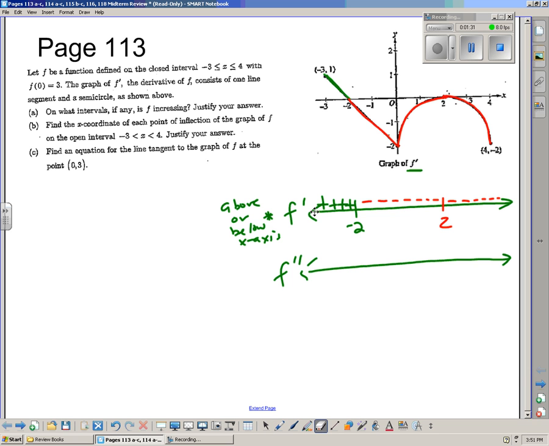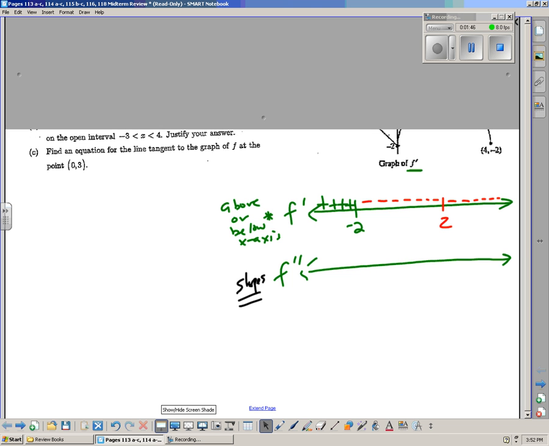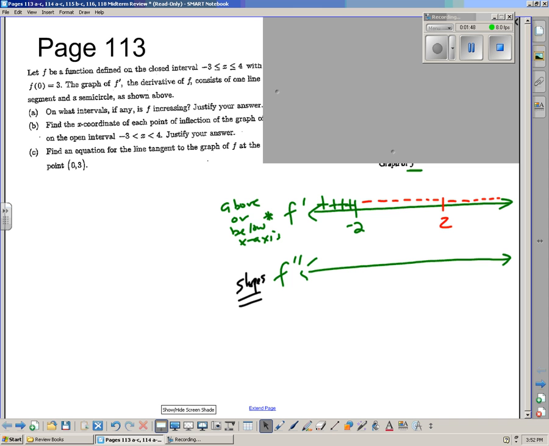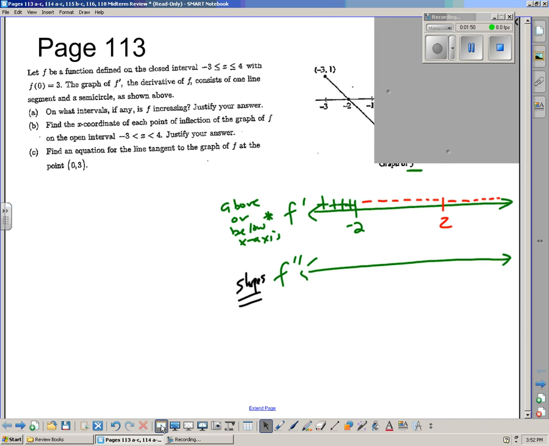Now I want to graph the f double prime number line, which, since this is the derivative of f prime, we're going to look at the slopes. So as we run across here, our slope is negative, negative, negative, negative, negative until we get to 0. So the slope is negative till we get to 0.